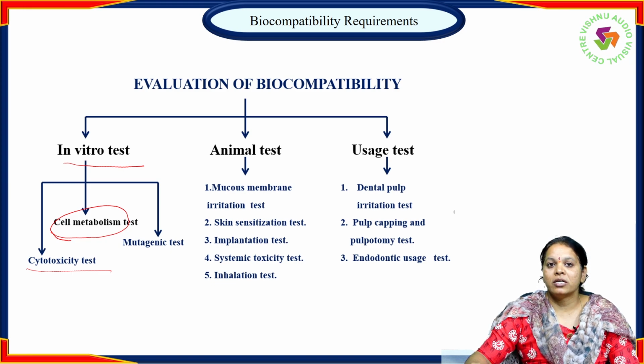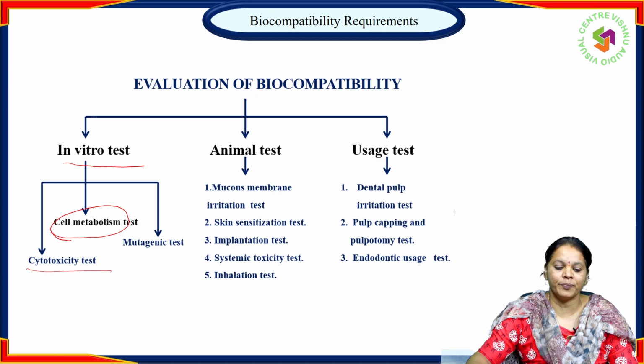After implantation, is the cell being damaged or killed, or reacting in any other form which is not desired for its metabolism? If it is killing the cell, then right there the material will not be promoted to the next level of testing. This level of testing we call cytotoxicity. Here we get an idea whether this material is toxic to the cell or not. So that is about the cytotoxicity.